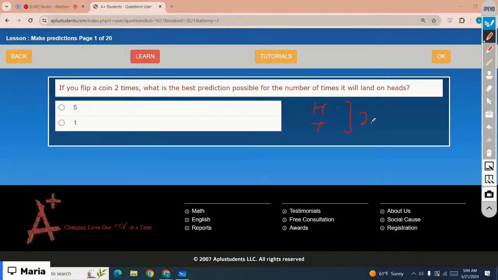So you have total 2 outcomes. The probability of head is 1 out of 2. Now you did that 2 times. So 2 times 1 over 2. 2 and 2 cancel out. You are left with 1. That means out of the two, one time it is head. The correct option is 1.